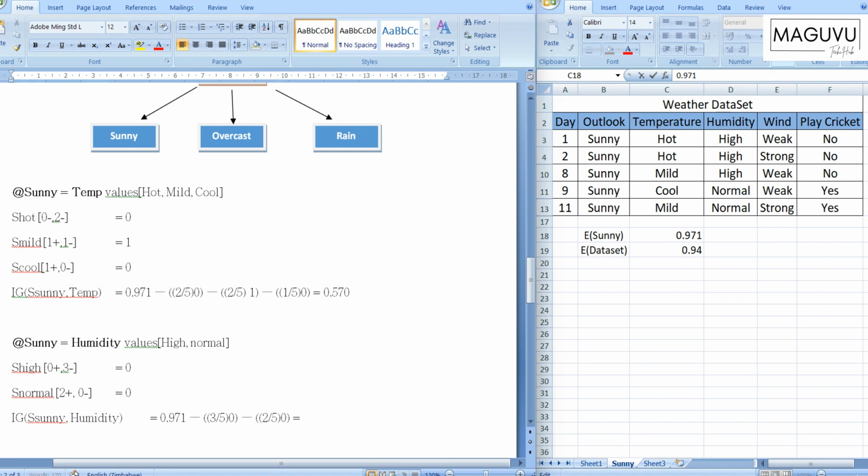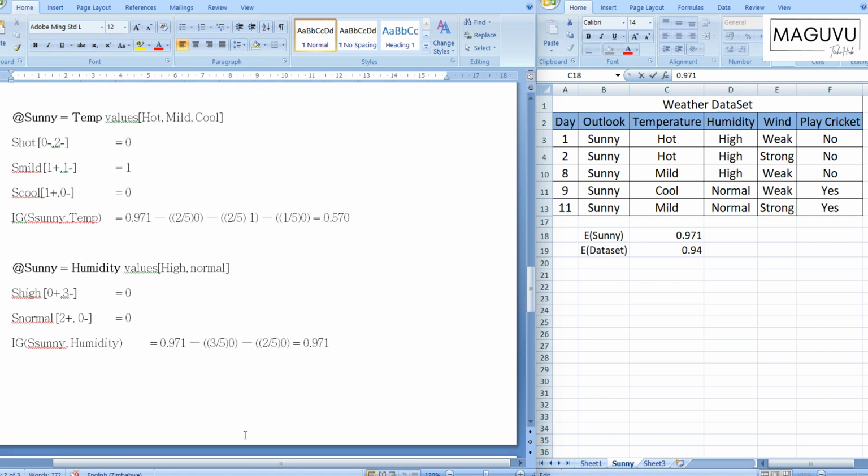This then gives us a value of 0.97, which is still the same, right? So we have managed to do the calculation of the information gain of humidity.